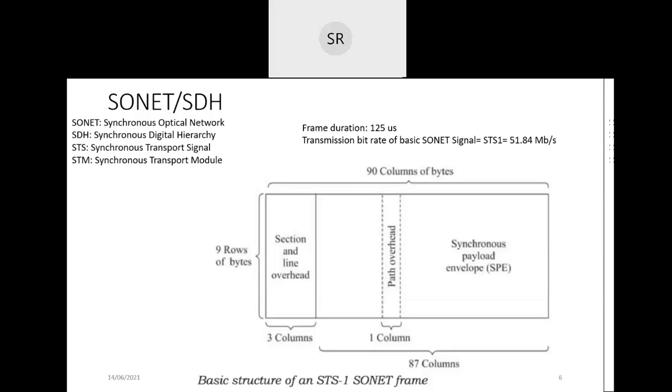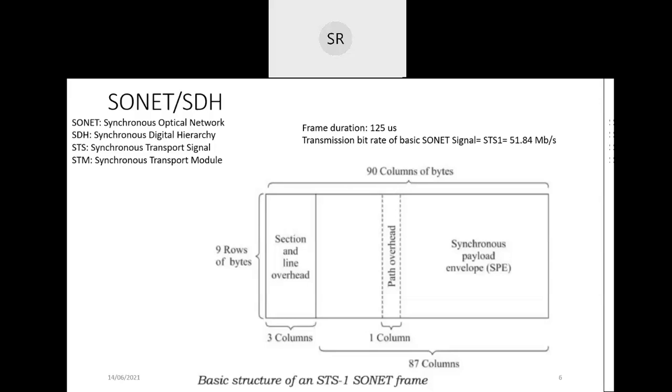The 87 columns consist of the synchronous payload envelope and the path overhead, and the 3 columns consist of the section and line overhead. This structure has 90 columns and 9 rows of bytes, and a byte is 8 bits.